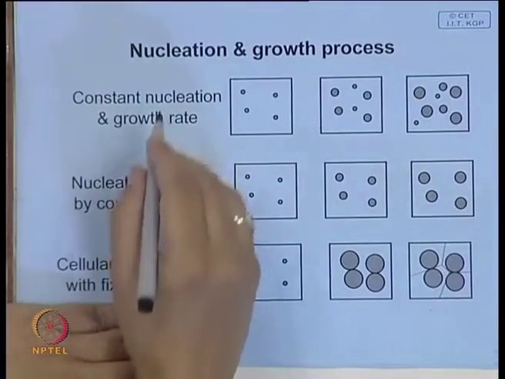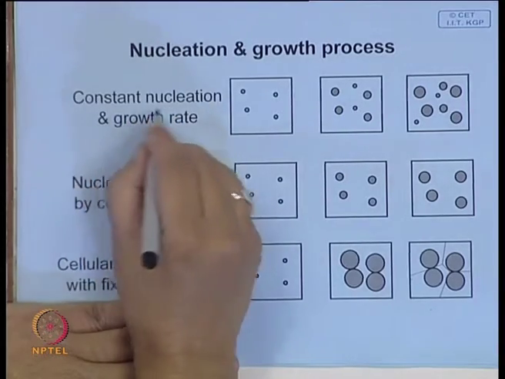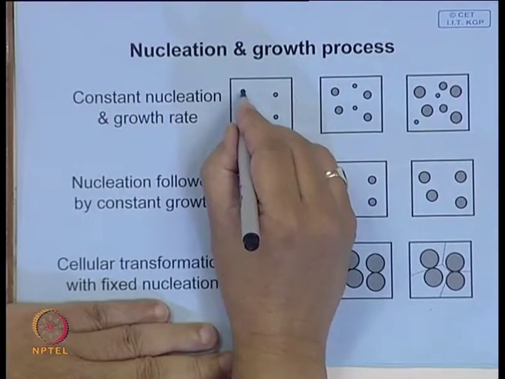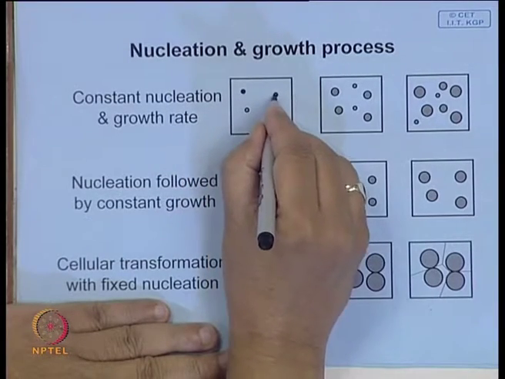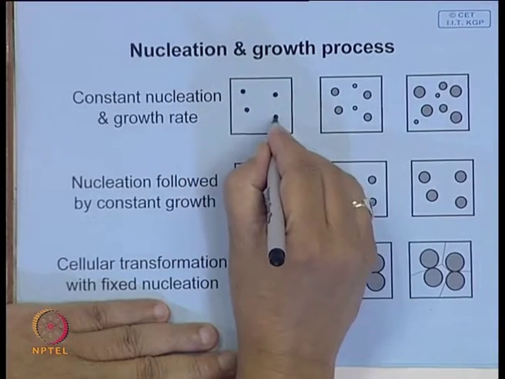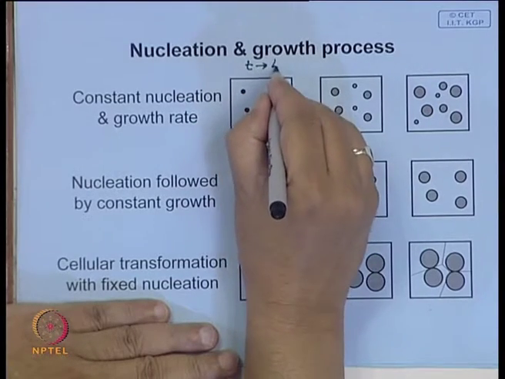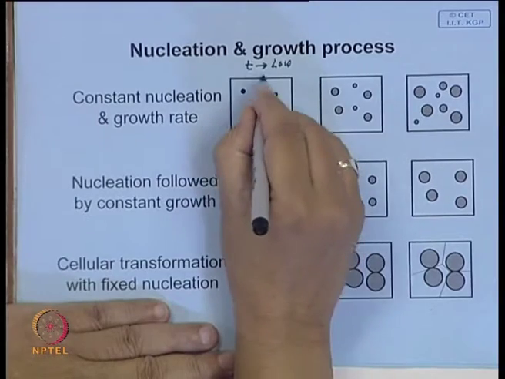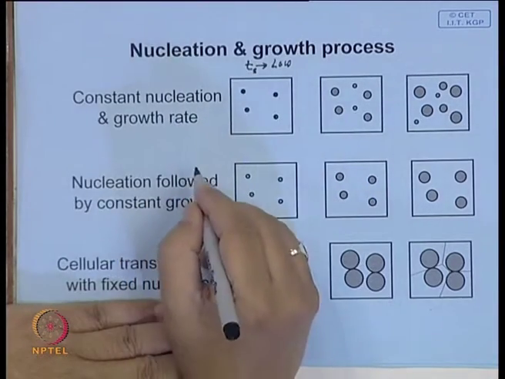Say suppose we can make one assumption that there is constant nucleation and growth rate, which is diagrammatically shown here, that every time you have a certain amount of nuclei forming. So, right at very low time, you have a very small amount. So, it is close to Ts, you have so many nuclei formed.